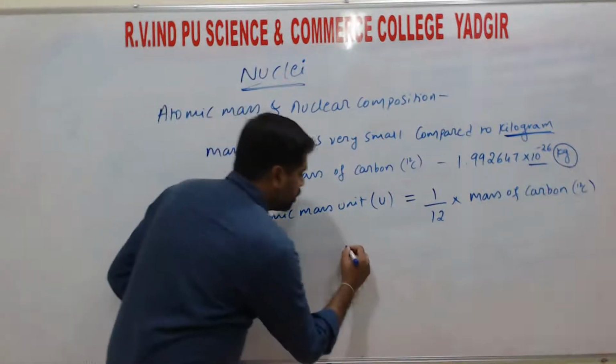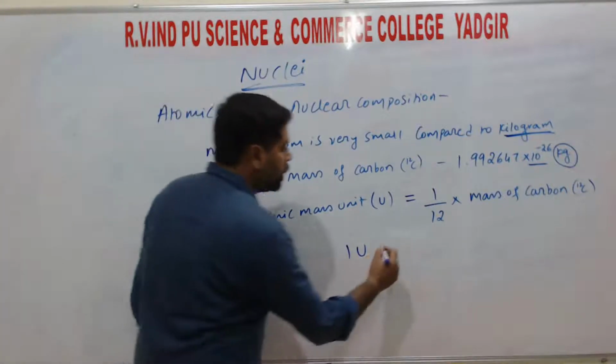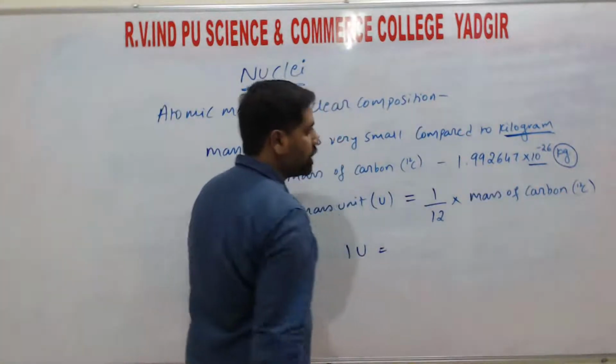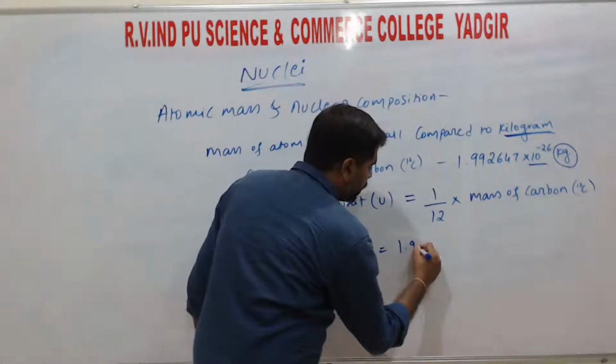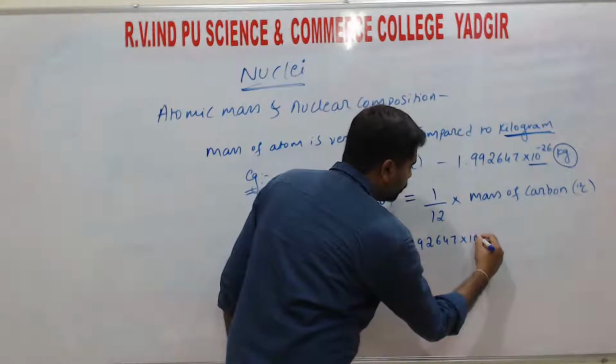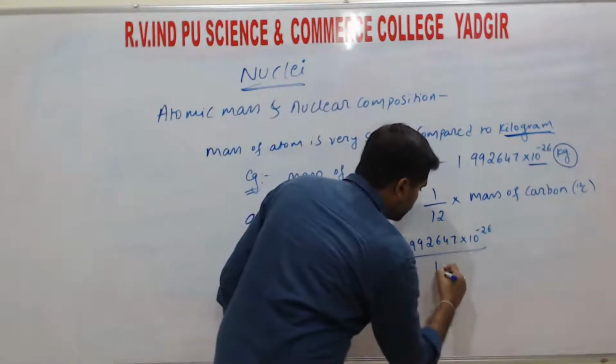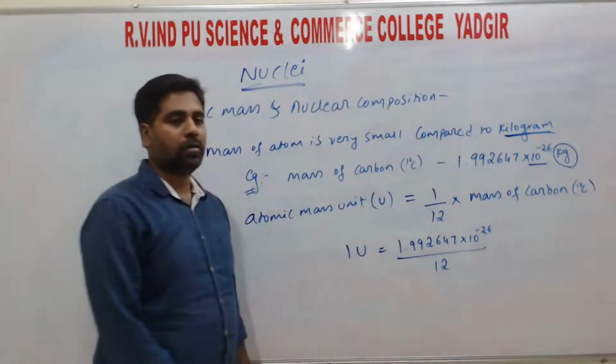So 1 atomic mass unit U is equal to, as we already know the mass of carbon 12, 1.992647 times 10 to the power of minus 26 divided by 12, right?